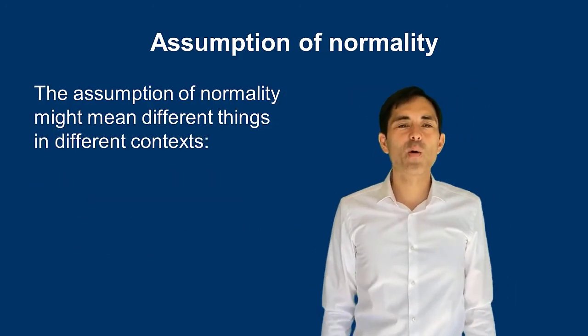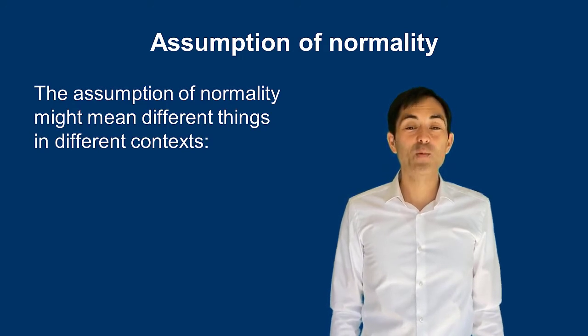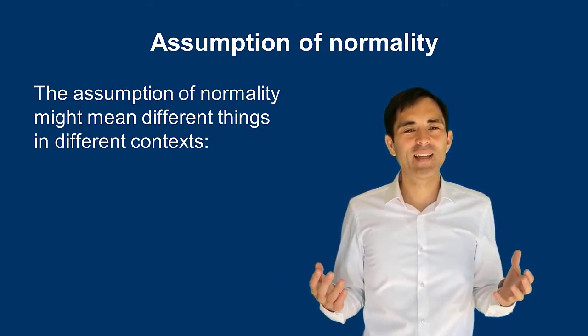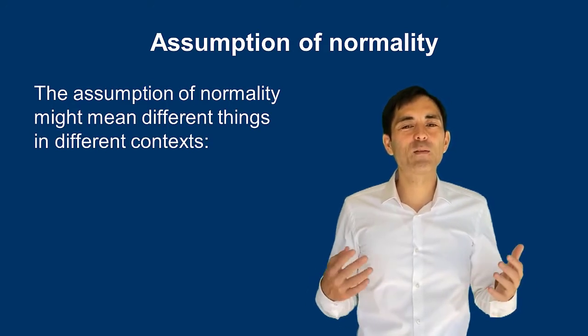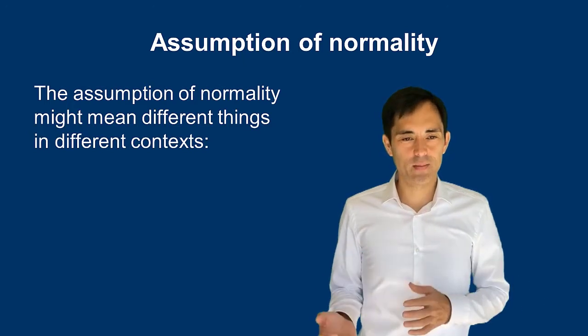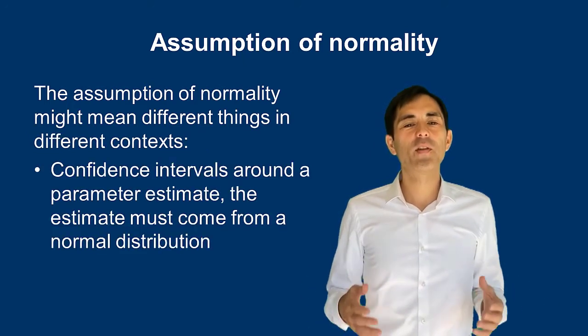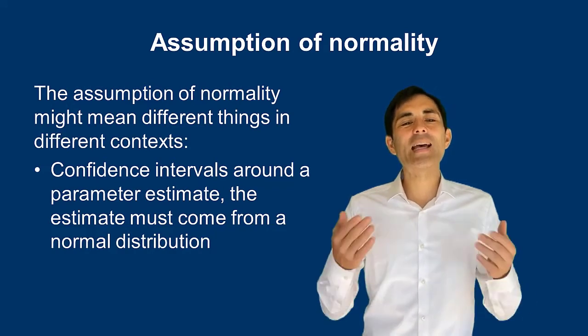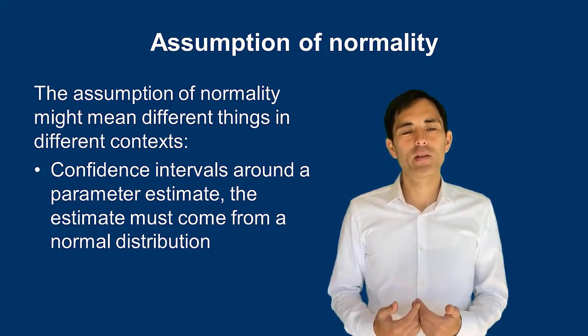We've talked about normal distribution. The assumption of normality is related to normal distribution. I think however, you need to be somewhat careful because normality sometimes means different things. It could mean that the confidence intervals around parameter estimates must come from a normal distribution.